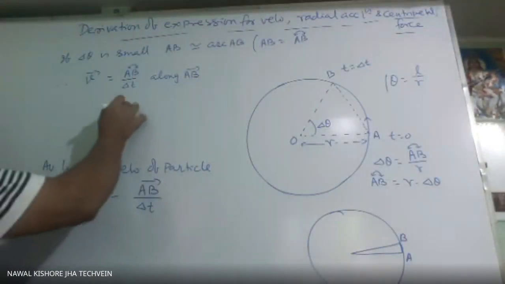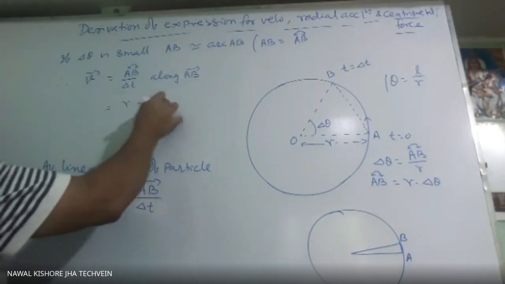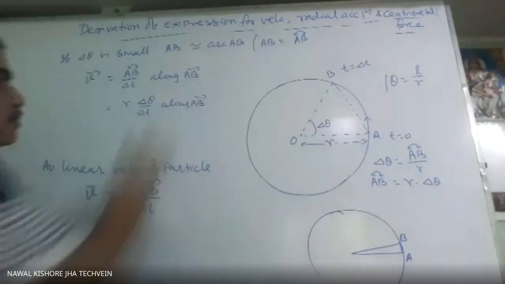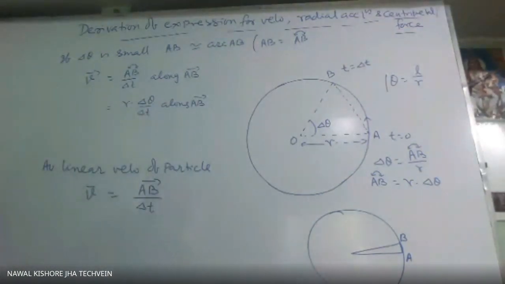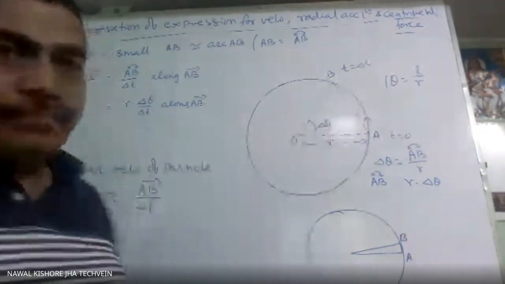So this is R delta theta over delta t, along AB. This is our average velocity, and it will be along AB.